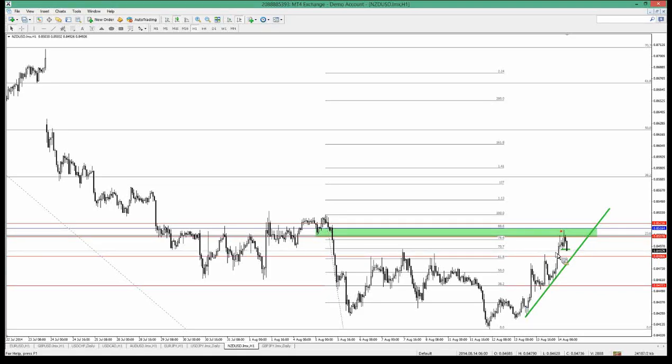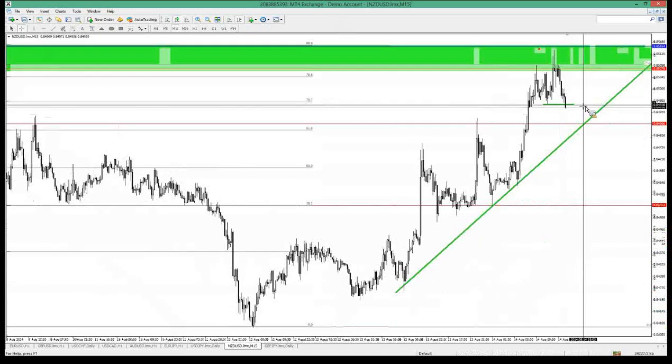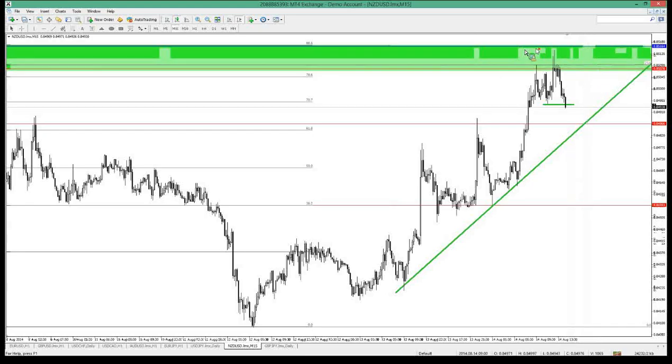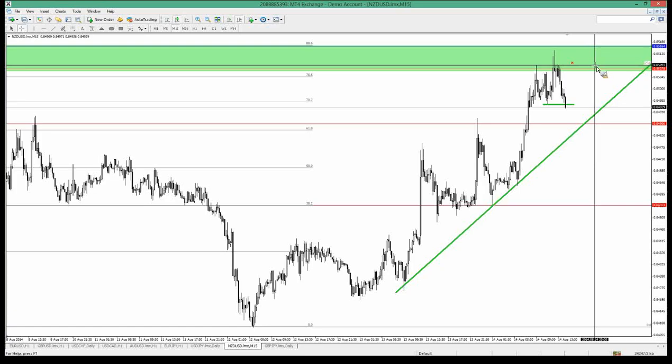But the level's working a treat. I'm glad you guys are finding the levels holding and working for you. You just got to go with confidence. That's all. So now this is qualified as a Quasimodo, left shoulder, head. If it pulls back, you're selling short on the 23.6 exactly at 85.09.